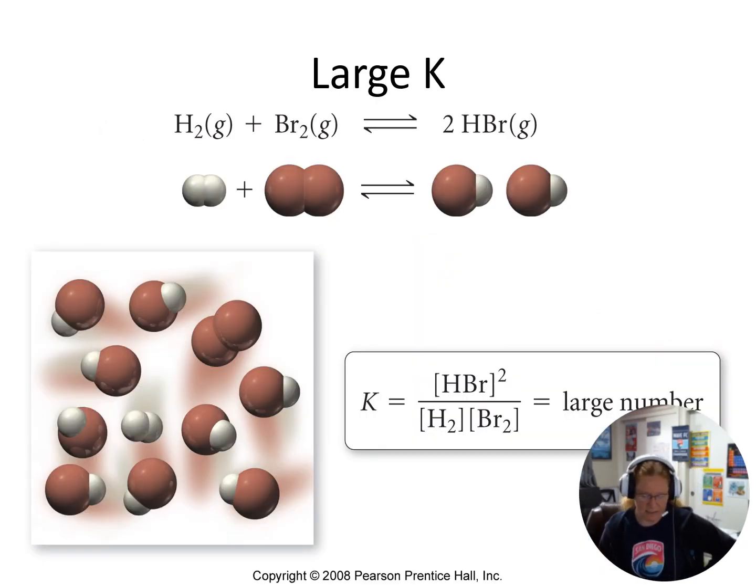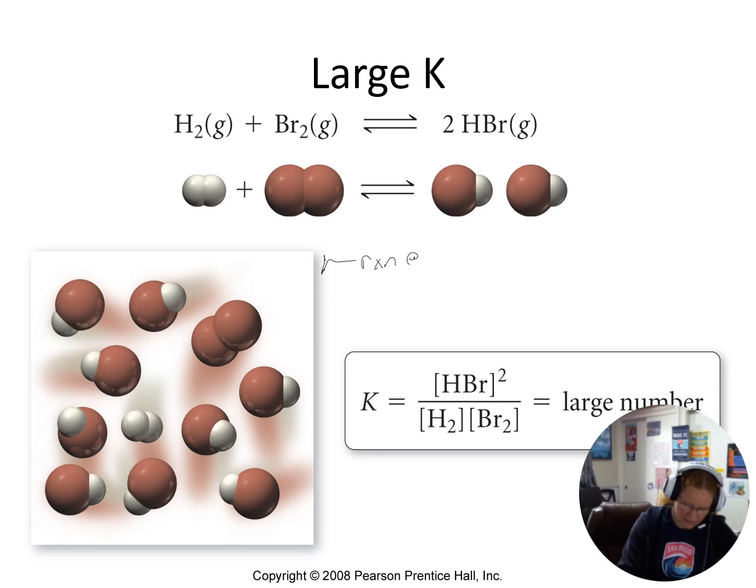You can see here, large K. You can see what my reactant molecules look like and the product molecules look like. And then this box is the reaction at equilibrium. You can see we have a whole bunch of our products. So this is product favored.